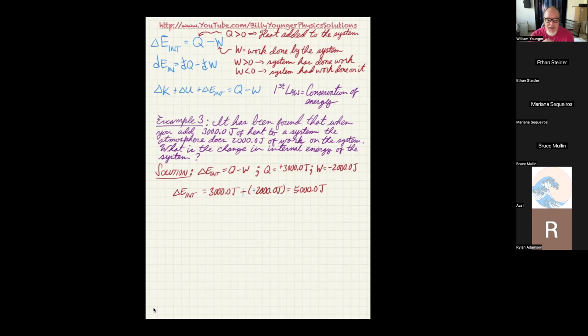Anybody want to tell me what that answer would be? So what would be the internal energy change if the 3,000 joules of heat was still added to the system, but the 2,000 joules of work was done by the system instead of on the system?